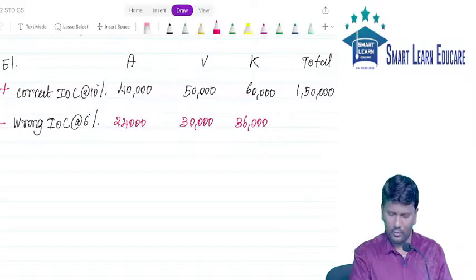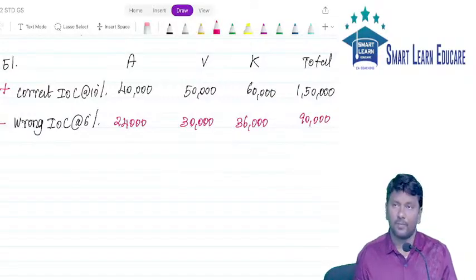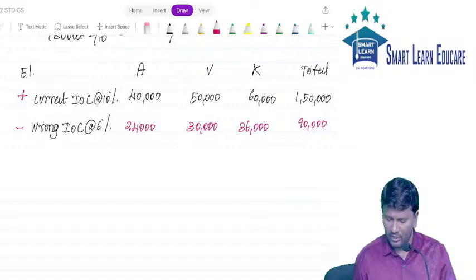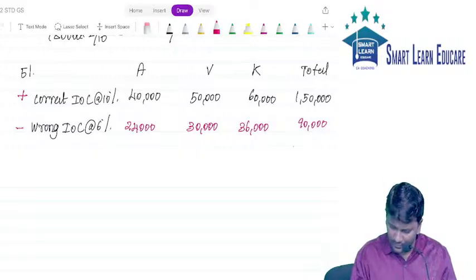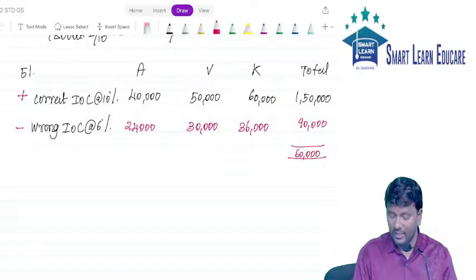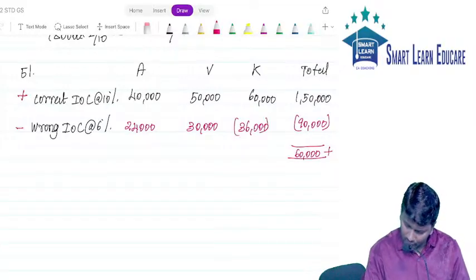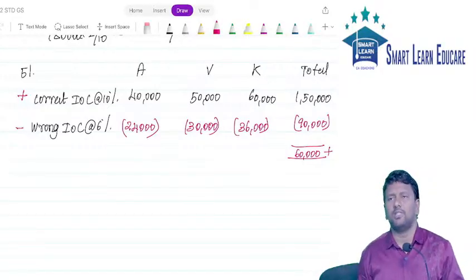The total is 24 plus 30 plus 36, 90,000. We were supposed to give 1,50,000 whereas we have given only 90,000. The remaining 60 we share in the profit sharing ratio. The net impact is 60,000. Remember, it is positive because this 90 is the wrong treatment, and the wrong treatment is to be subtracted. This 60 is positive 60,000.